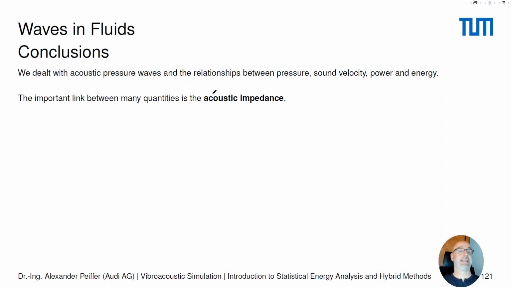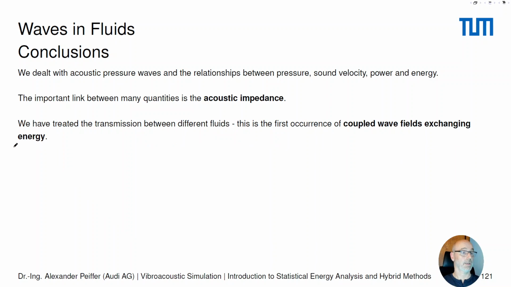We also have learned that the main quantity that links the pressure and the sound field and power and energy and so on is the acoustic impedance. If it's a plane wave, it's a characteristic acoustic impedance, meaning it's a ratio of the pressure by the sound velocity.